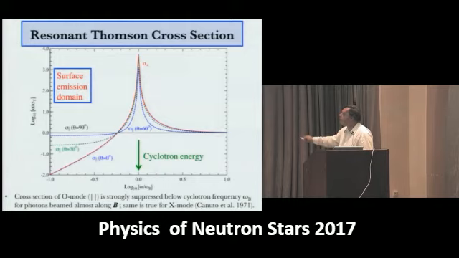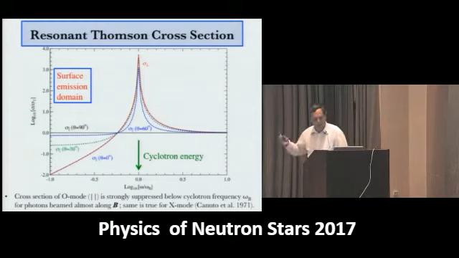Okay? At the cyclotron frequency, classical electrodynamics, as evinced in the paper by Canuto et al., shows that you have a resonance that comes directly out of the dispersion and the fact that electrons in a magnetic field get stirred up by an incoming photon. And they get the resonance, and both the modes, the polarization modes that Roberto Turolla talked about, are highly resonant here, and they have roughly the same cross-section, but not exactly.